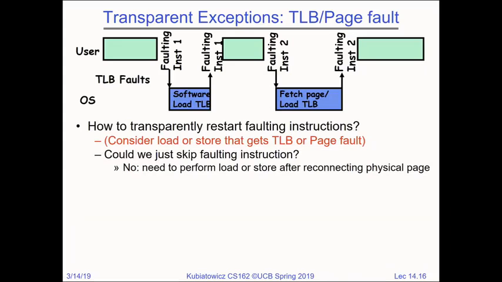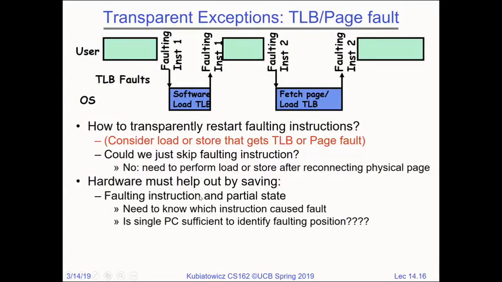Well, no, right? Why not? Because that load or store failed, because it didn't occur. So we have to be able to restore back to the load or store that caused the original fault. Hardware, that's 152 or 61C, etc., has to help out by saving something.